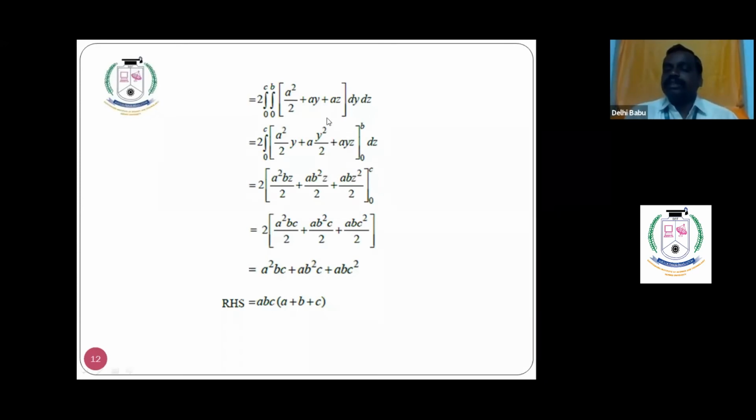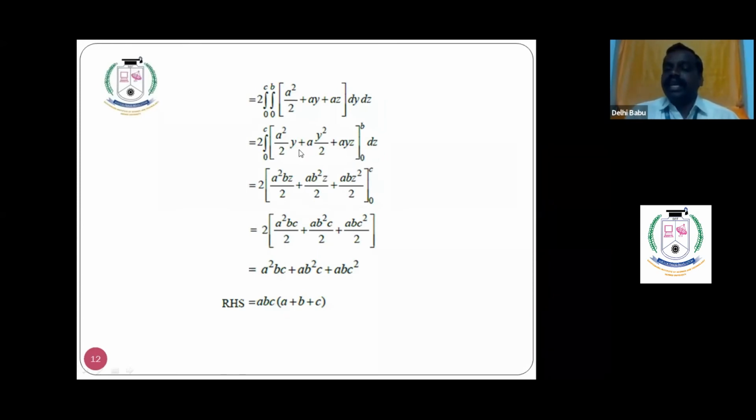Plus az is constant, so the integral of dy is y, between the limits y = 0 to y = b. So we get a²b/2 plus ab²/2 plus abz into dz.